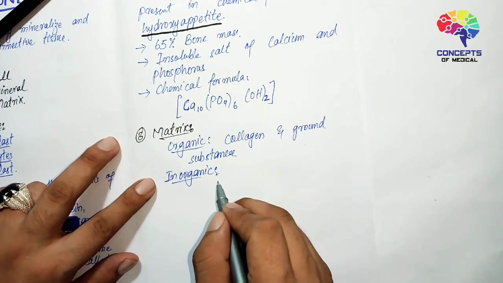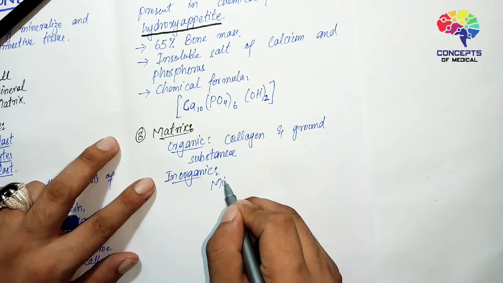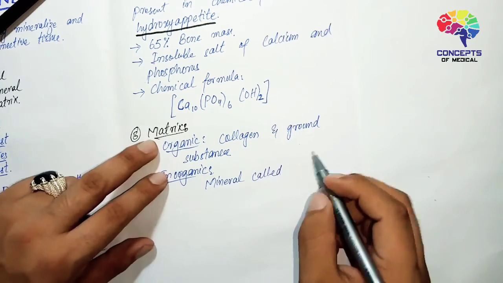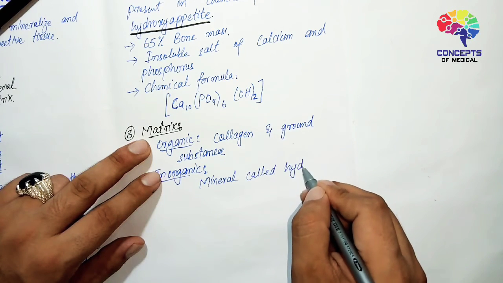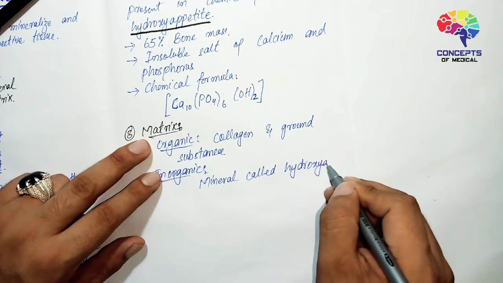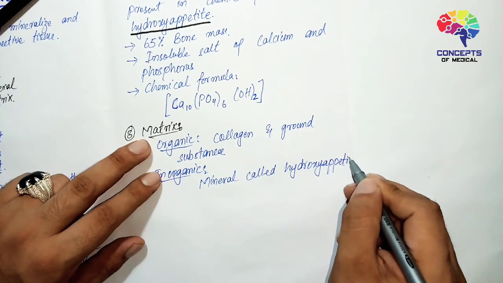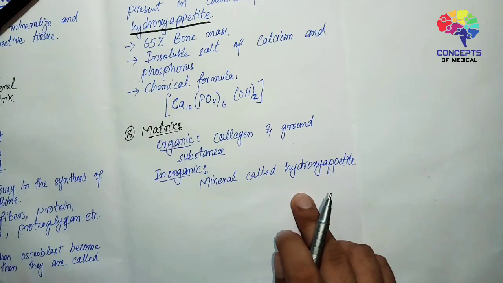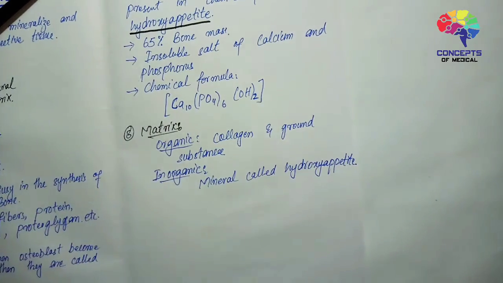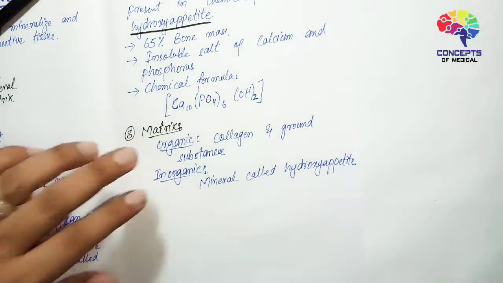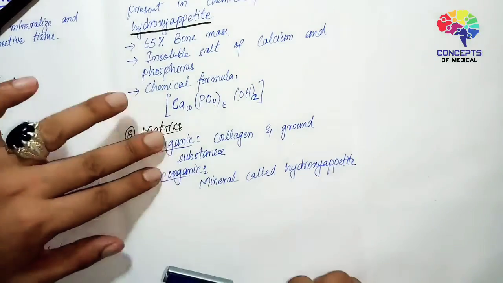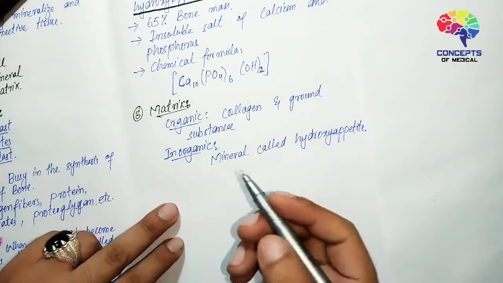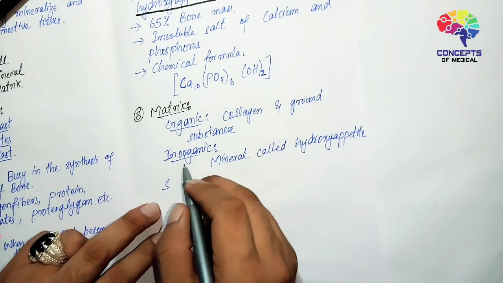So the inorganic part is the mineral present in the matrix called hydroxyapatite, right? So hydroxyapatite is inorganic, and collagen fibers and ground substances are organic, and these two make our matrix.